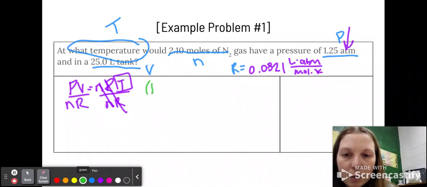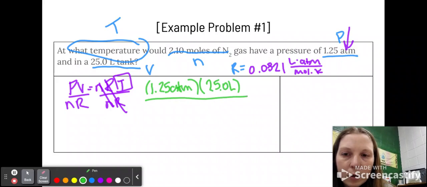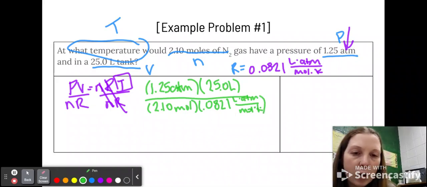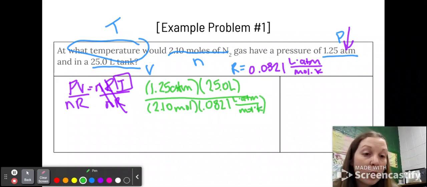Our pressure was 1.25 atm, our volume was 25 liters, our moles were 2.10 moles, and our constant from the reference packet was 0.0821 liters times atmosphere per mole Kelvin. If it helps you to write the values in first and then see what letter you don't have an answer for and move it around that way, you can. I just always set mine up first.